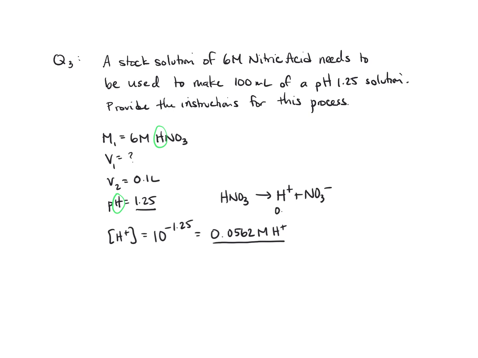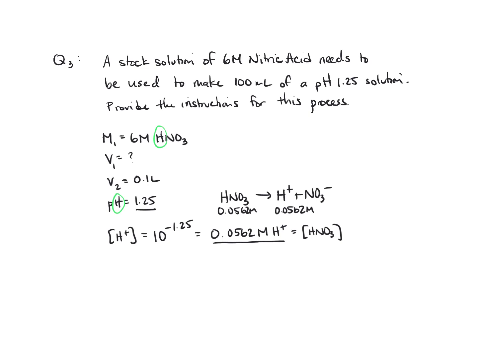So if this is this number, then we know this had to be the exact same. So this is also equal to our concentration of HNO3. Well, where are we going to get that concentration from? Well, that's going to be in our 100 milliliter solution.